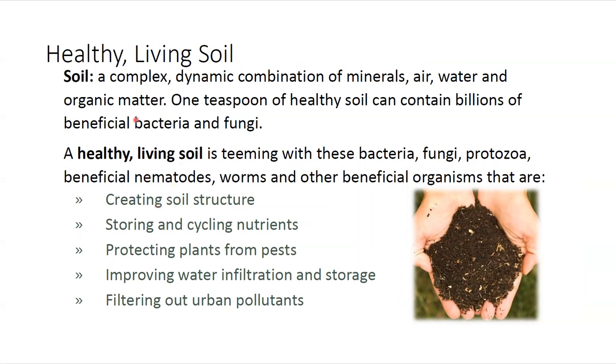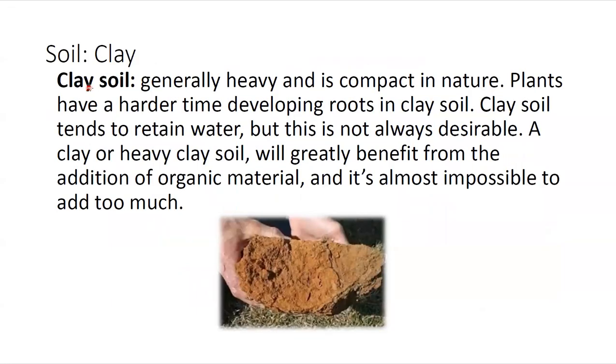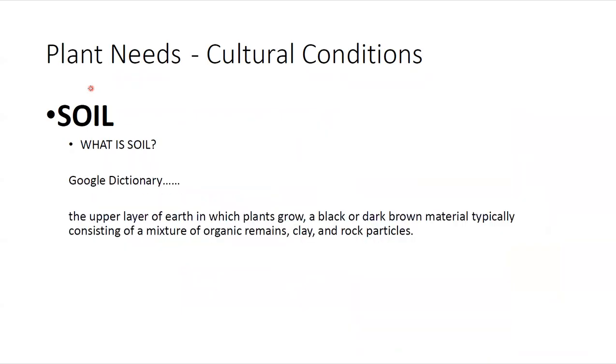Now, soil is a living thing. We want a healthy living soil. This is a different definition than what we had before. Our definition was the upper layer of earth which grows plants, and it's got some organic remains, clay, and rock particles. This is like the textbook Google Dictionary version.